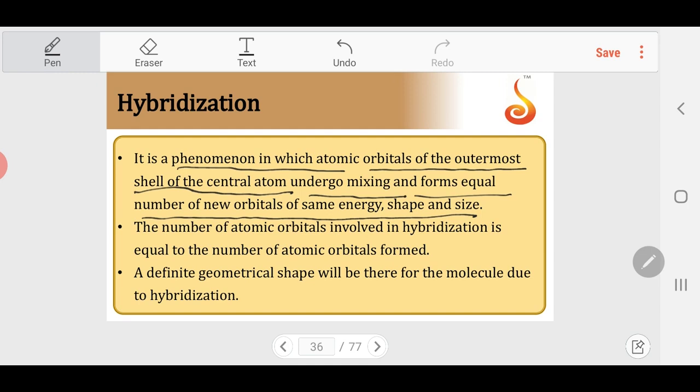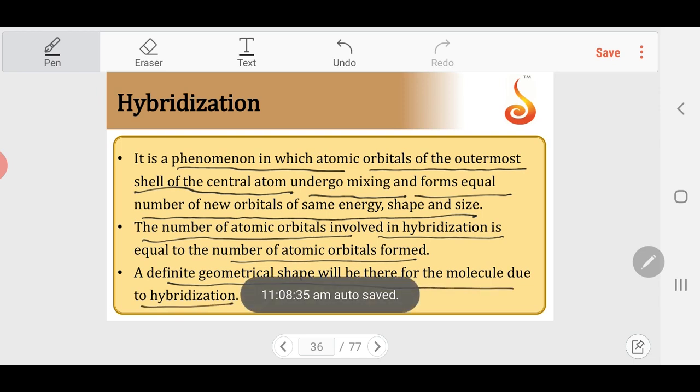Before combination, the atomic orbitals are of the same or comparable energy, but once they mix and form hybrid orbitals, they all have equal energy, the same kind of shape but different orientation. The number of atomic orbitals overlapping will always equal the number of hybrid orbitals formed in the atom. Based on the orientation, a definite geometrical shape is given for each hybridization. Covalent bonds are directional in space.